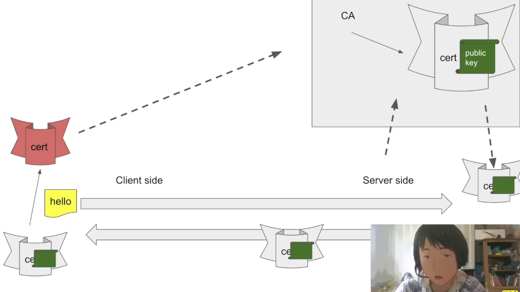If XX is in the list, it means it's trustable. There's no other authority telling you this is a good guy. Only Microsoft, Google and Apple tell you this is a good guy. Well, it's up to you. You may think they're not trustable, but you have no choice, right? They're supposed to not be evil, right?